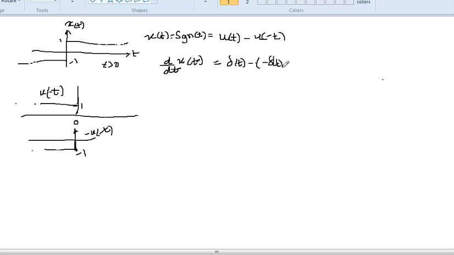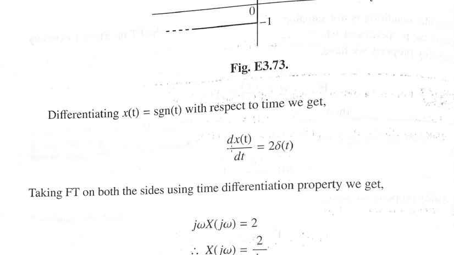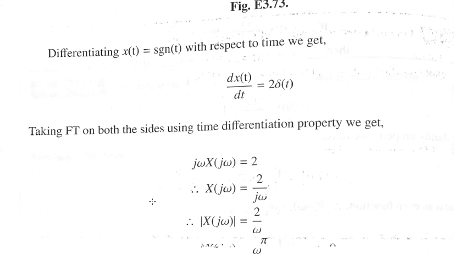So as it is minus of del of t, when we add these, we get 2 into del of t. So d by dt of x of t is equal to 2 into del of t. I hope you understood how this 2 into del of t is the result of the signum function. Once we have obtained this, the process is very easy.